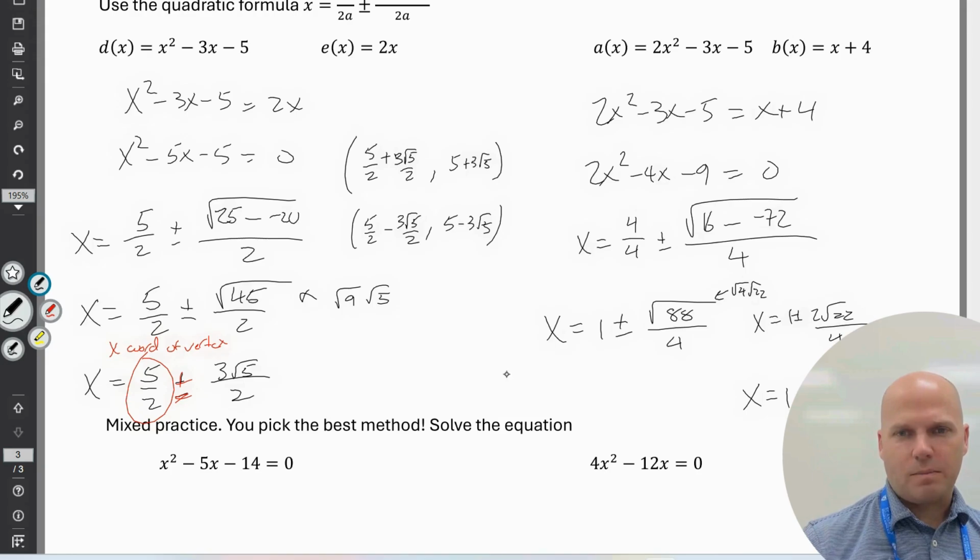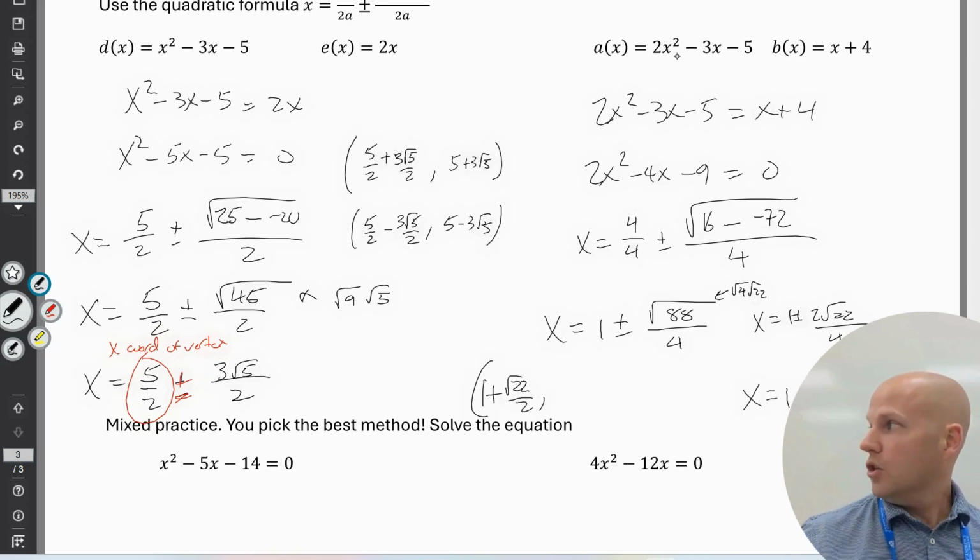I'm not going to want to plug it in and get an answer, but it's kind of easy to do because it's just going to be this plus 4. Again, I would not want to plug it into the original one. This one, you will get the same answer, and you could try doing it. It's just going to take you a while to do.